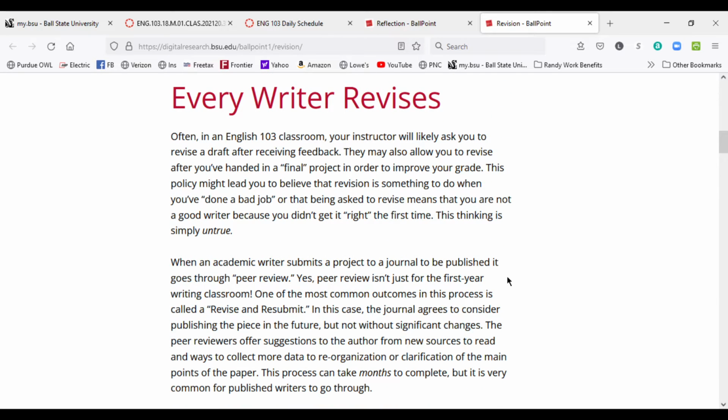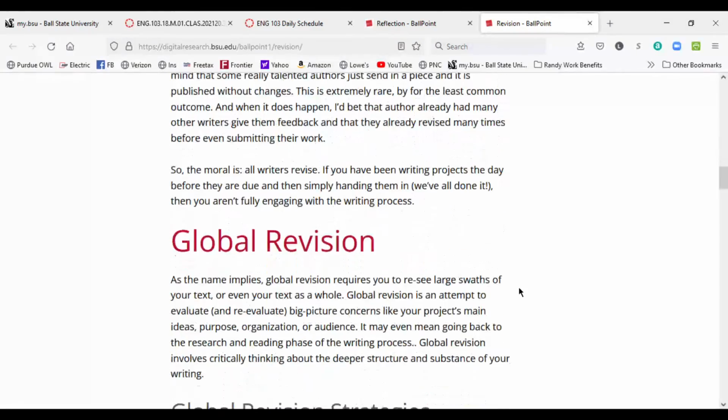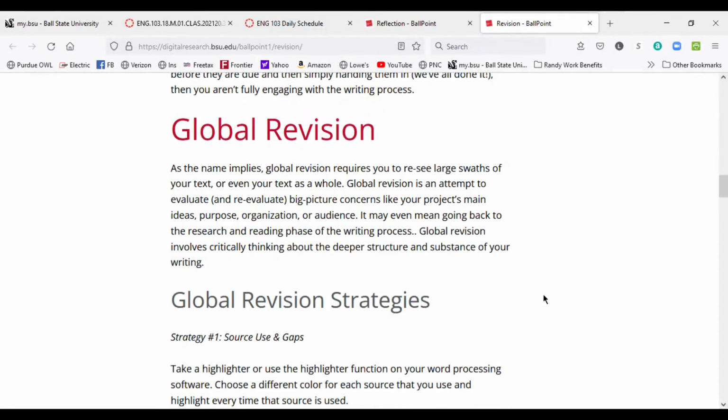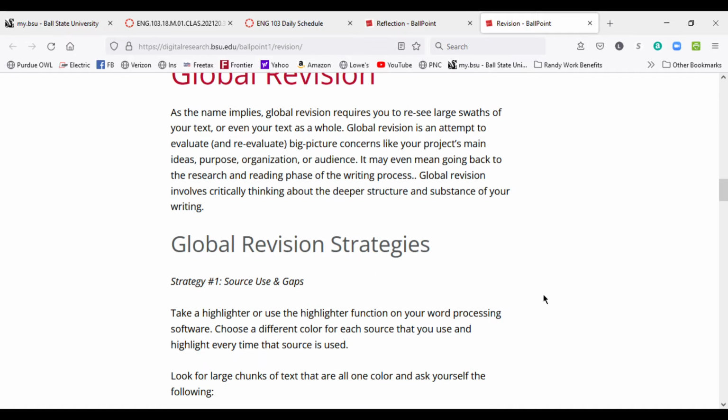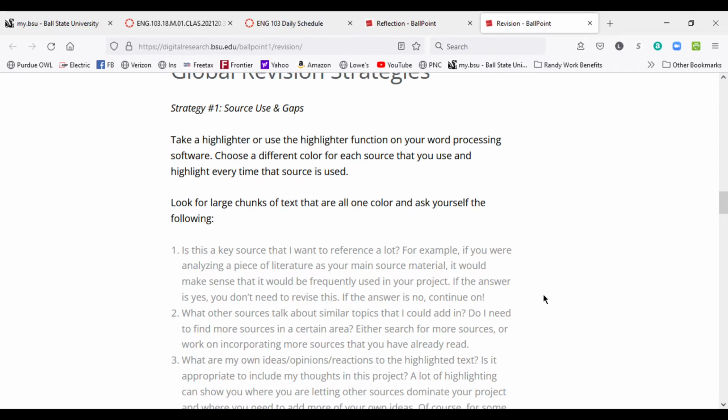Every writer revises. Of course we do, constantly. Even as I'm writing, I'm revising, always thinking about how I can make a better statement or say it better. And then it talks about global revision and strategies you can use to do it.